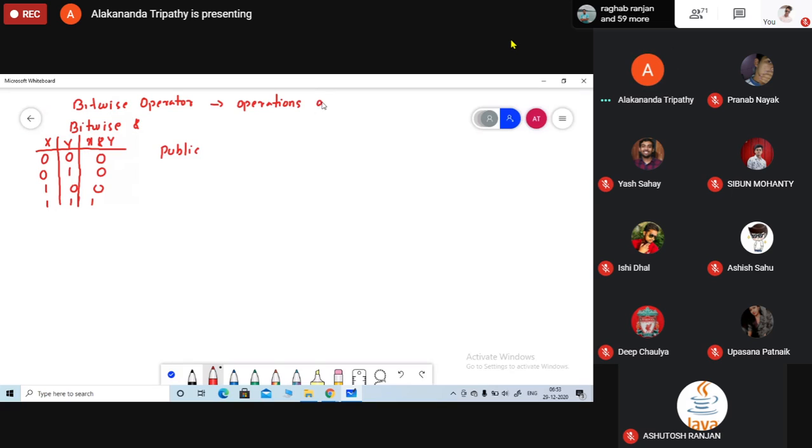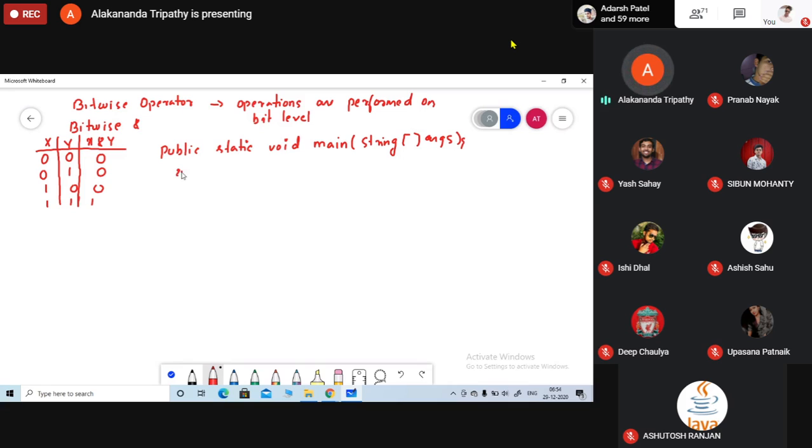Operations are performed on bit level. So here, public static void main, String args.